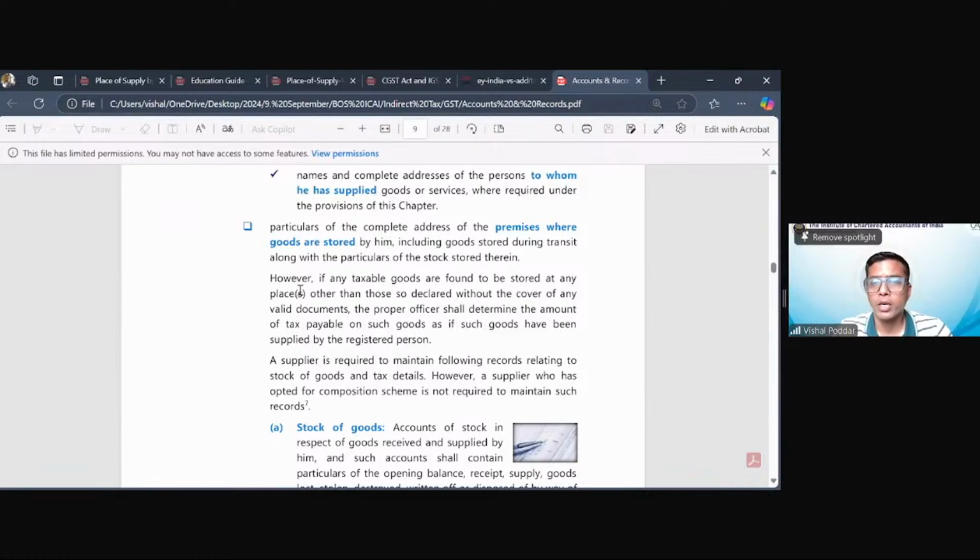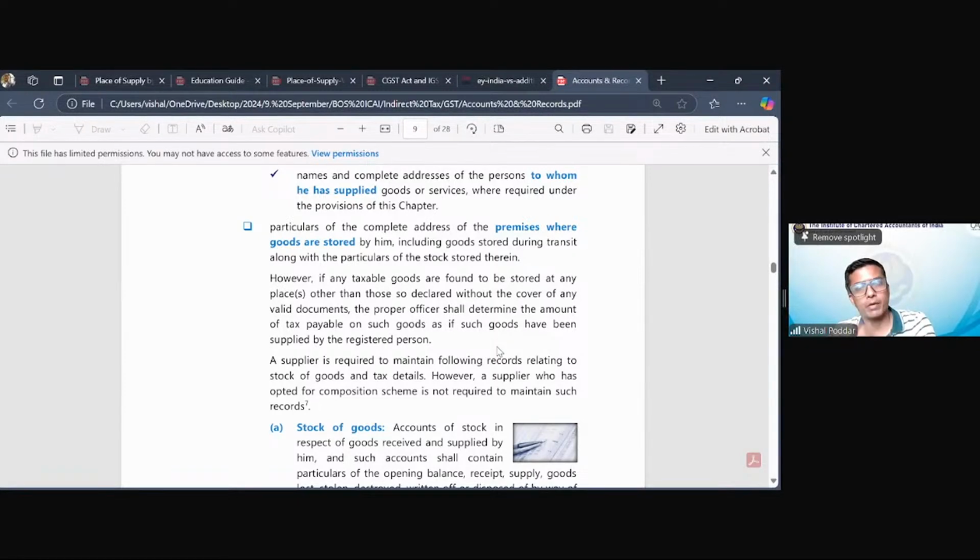So if it is found that your goods are stored in some other place which you have not declared to the government, it becomes an undisclosed premises, or it is without the cover of a valid document. That is, you have made purchases, but you do not have the purchase invoice. In that particular case, the proper officer will determine the amount of tax payable as if such goods have been supplied.